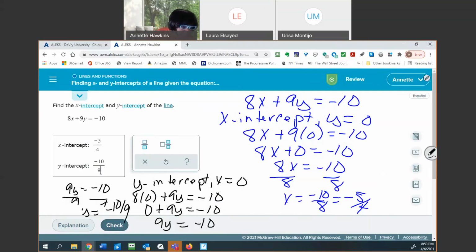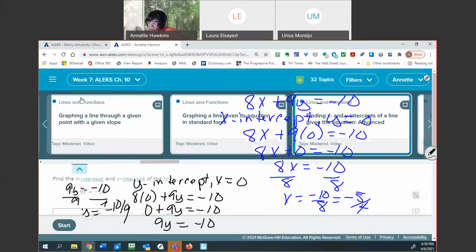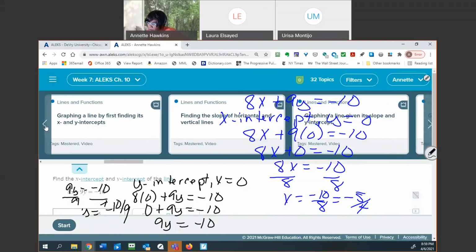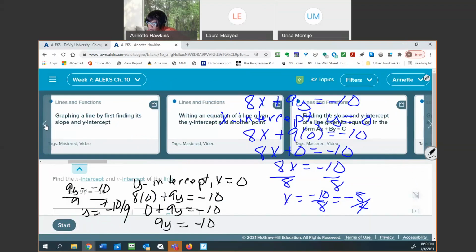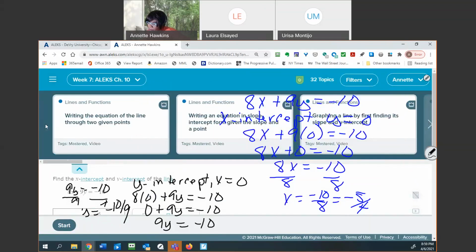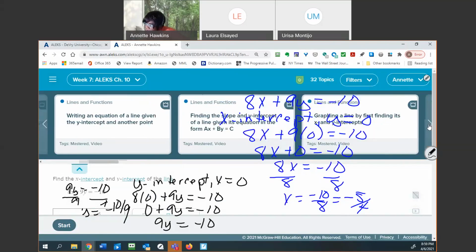All right, now we're getting ready to do some graphing. We're going to graph a line given its X and Y intercepts. They're going to give them to you.